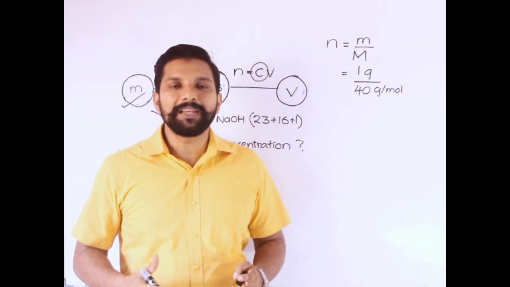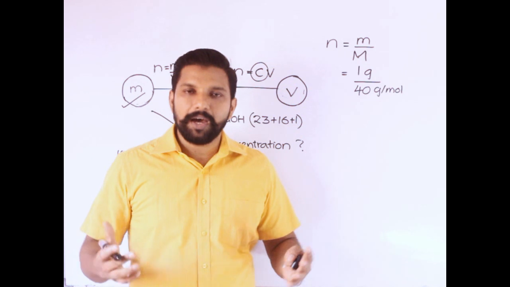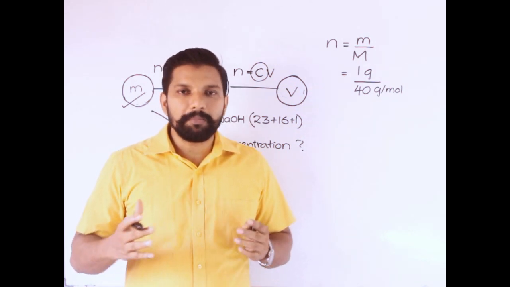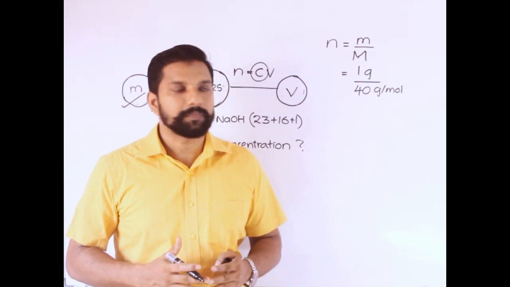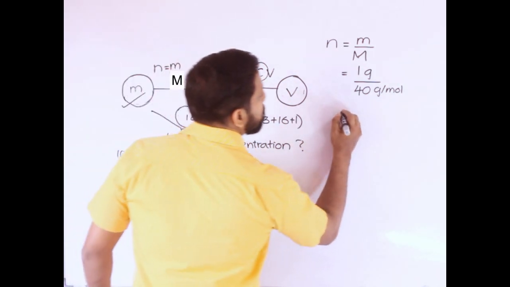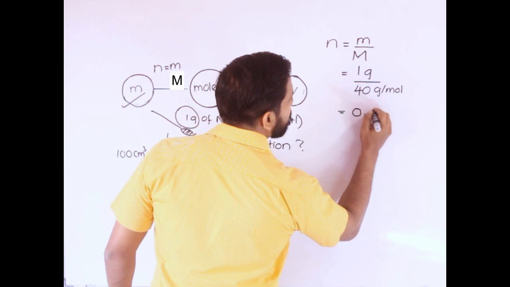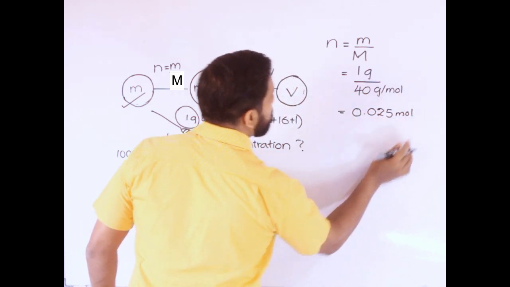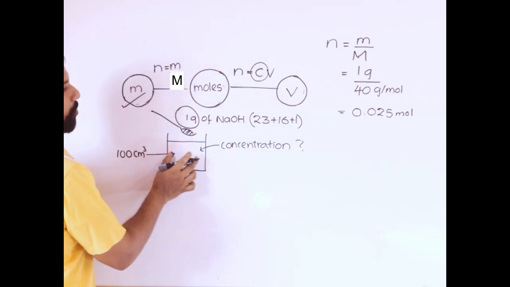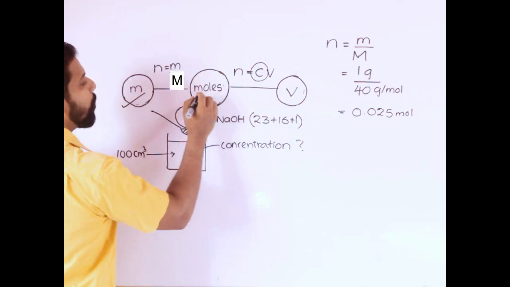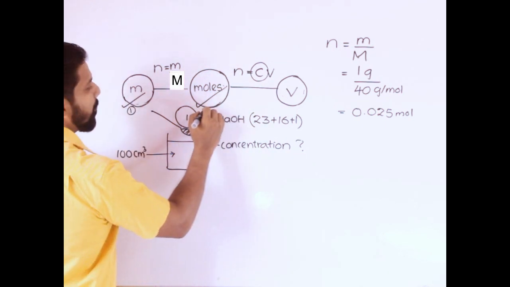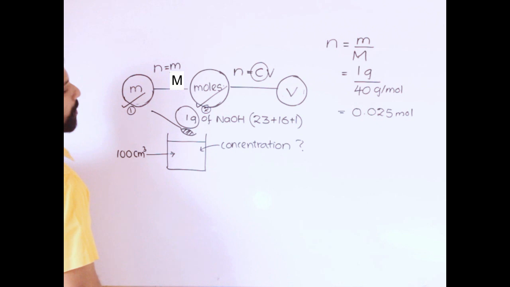If you are not familiar with finding moles starting from the masses, please watch the video where the moles and the masses have been explained. Right. So here we have 0.025 moles of sodium hydroxide dissolved in this solution. Then you are here, you know the moles. This was step 1, and now you are here.